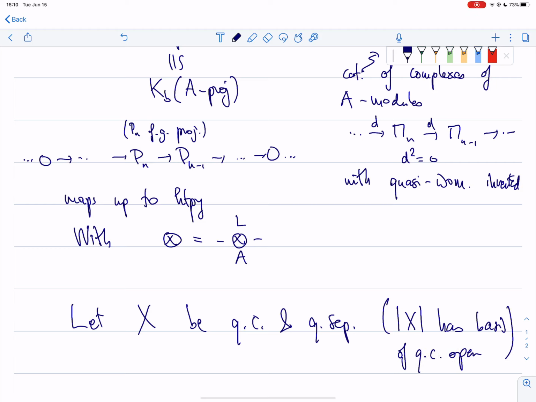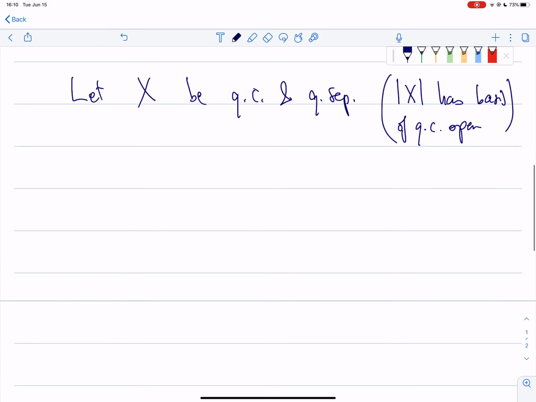So if you want, the intersection of two affines, the affine subschemes are quasi-compact, and you just want that the space itself is quasi-compact and that the intersection of two affines remains quasi-compact. It's a purely topological condition. For example, to recover what we just said, the spectrum of a commutative ring will be such a scheme.